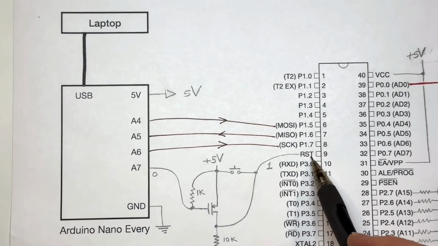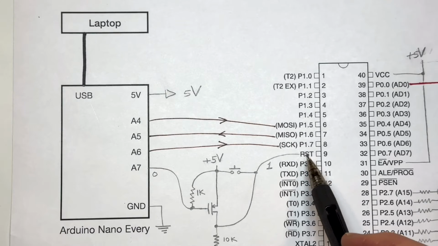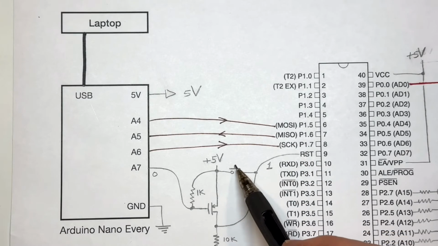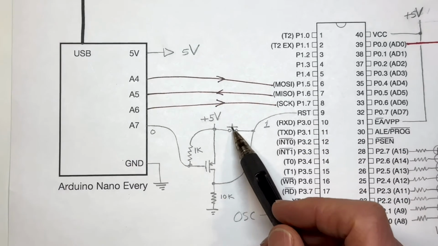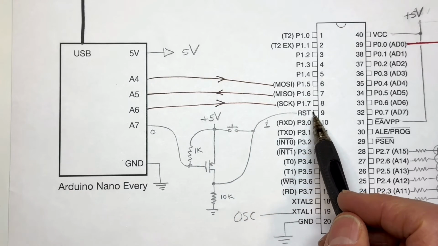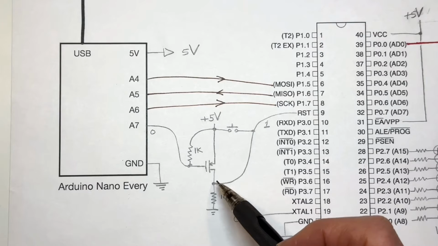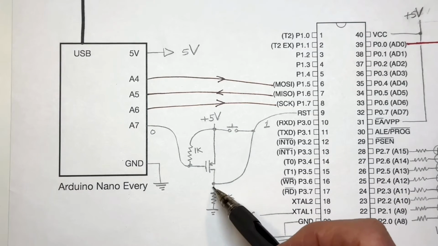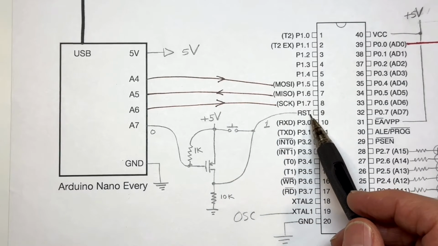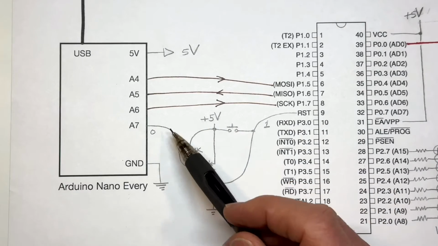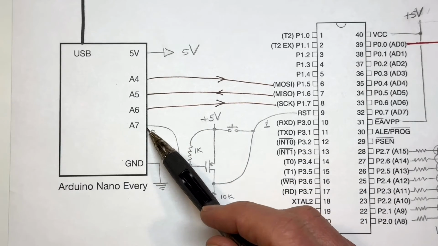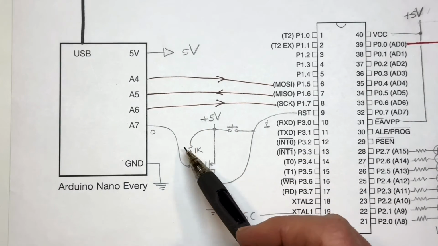We've also got the reset pin here, and you can see that when we push the push button high, it will pull this pin high, and then when we release it, it will be disconnected, and this resistor here will pull it low, and execution will begin. And we can also control this from pin A7 on the Arduino.